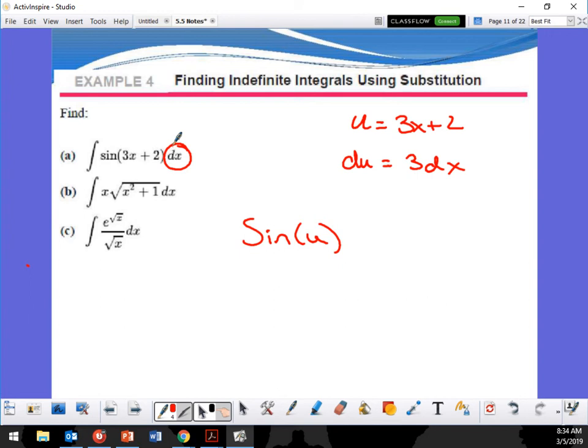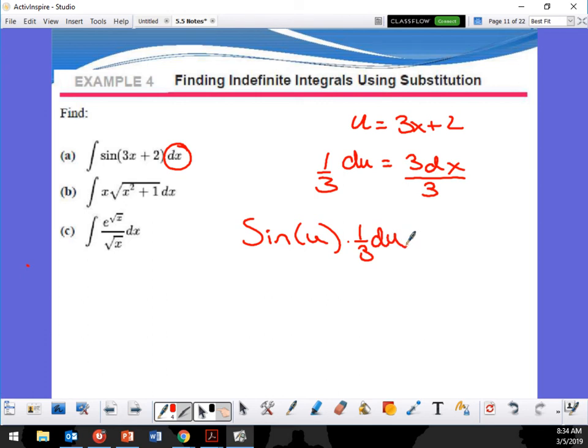So using this next line right here, what would I do to get dx by itself? Divide by 3. So it's 1/3 du. I'm going to replace the dx with 1/3 du, so it's times 1/3 du.